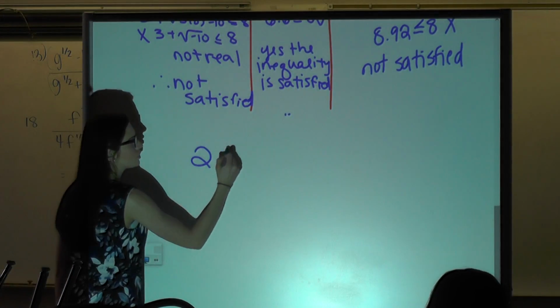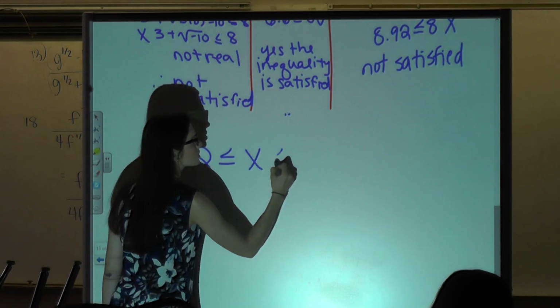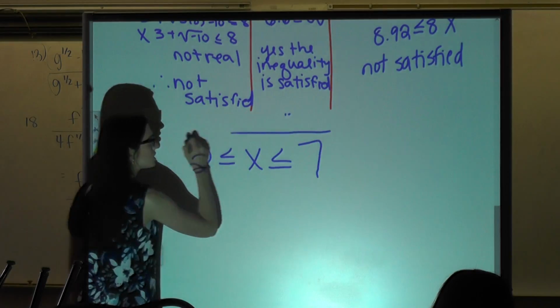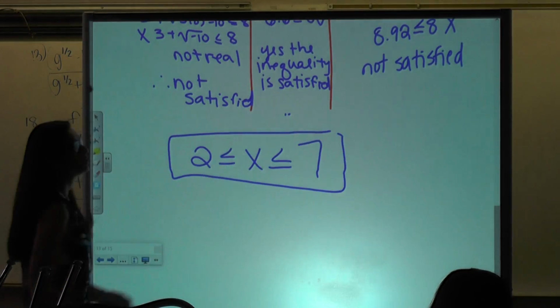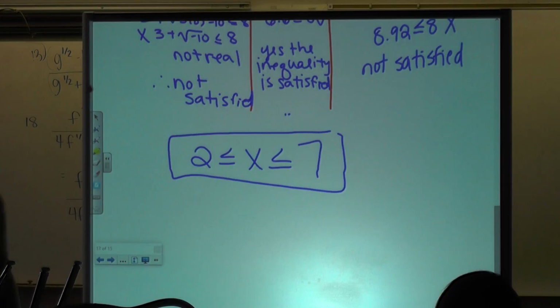So 2 is less than or equal to x, which is less than or equal to 7, is your answer. Are you good on that? Okay.